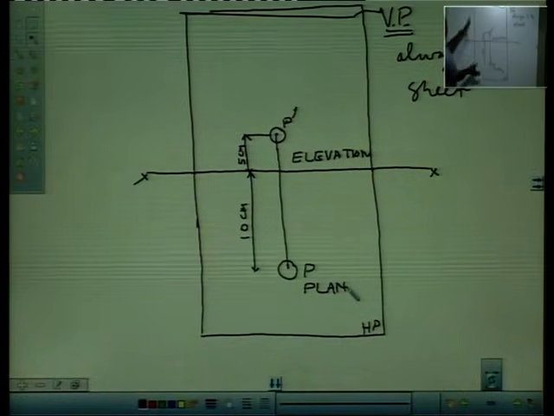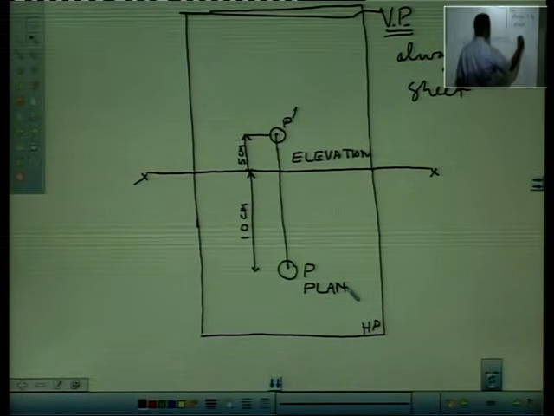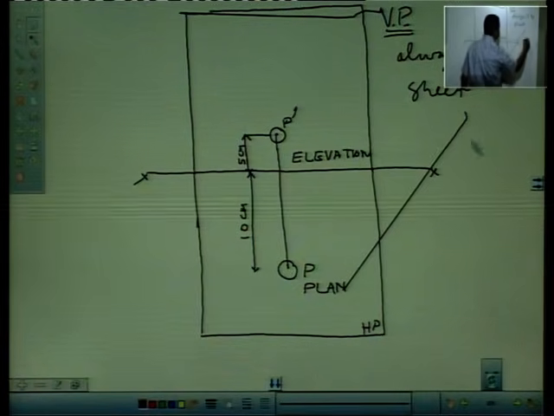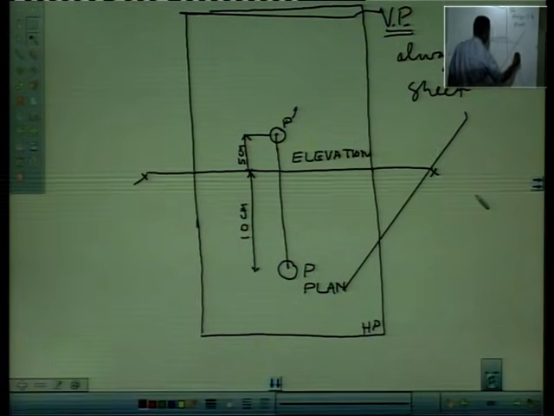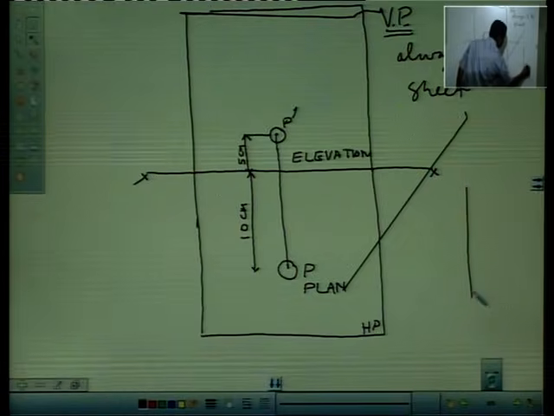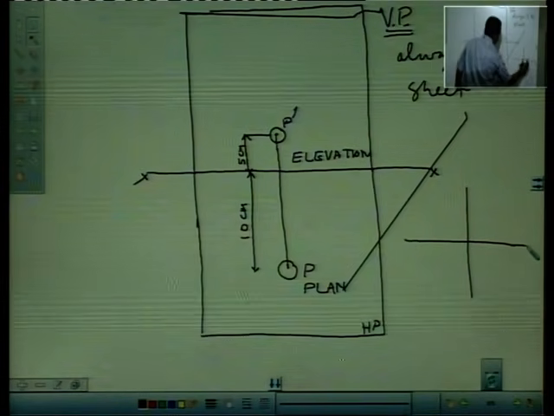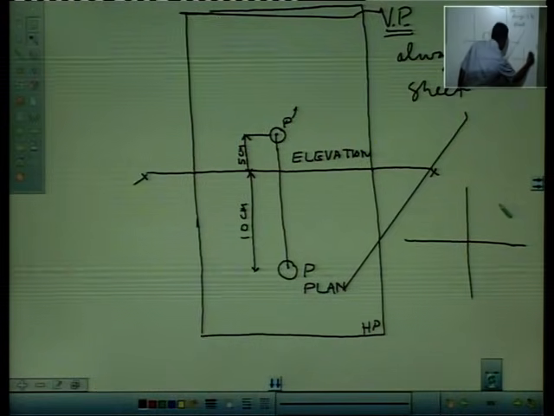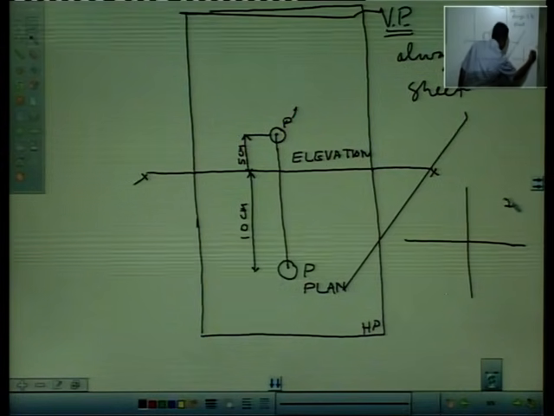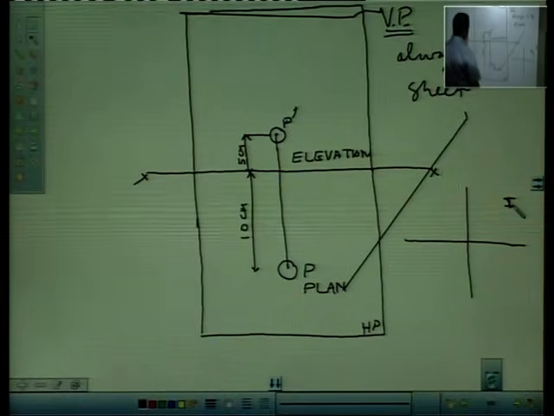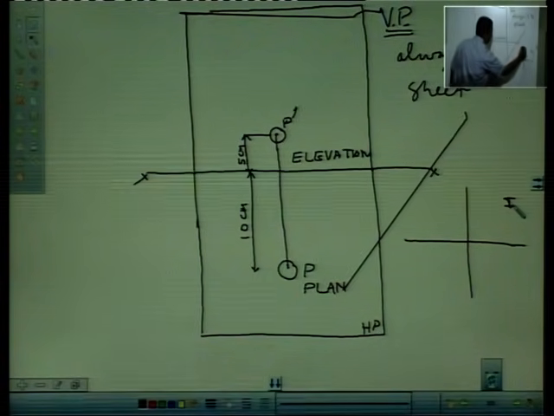So, how have we solved this? Let us go back to the first drawing. Say this is quadrant number 1. Our point P was 10 centimeter in front of vertical plane. This is vertical plane.